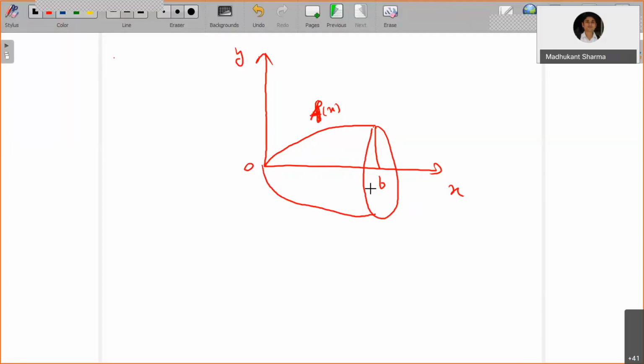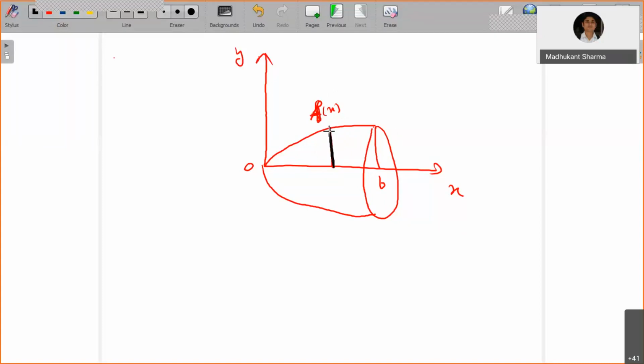Now what will be the volume here? You are going to use the cylinder. The volume of the cylinder is pi r square h, where r is the base radius and h is the height. Now here at each point you can find the height, if you cut it by the plane curve.